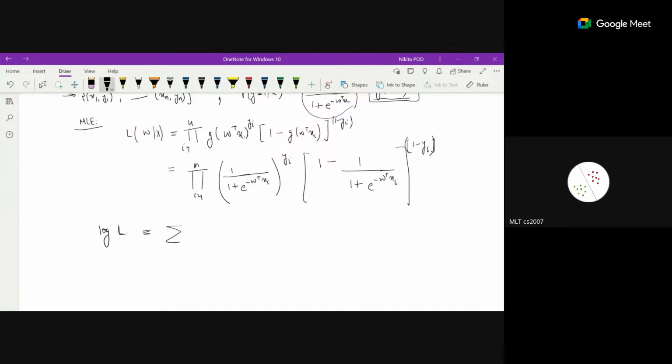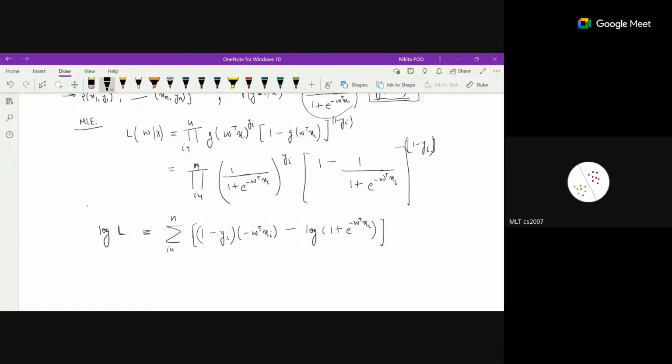So the final thing that we get after taking the log is 1 minus yi times minus W transpose xi, minus log of 1 plus e to the power minus W transpose xi.